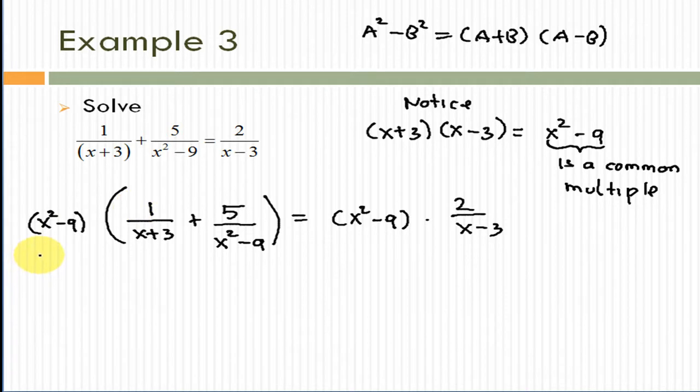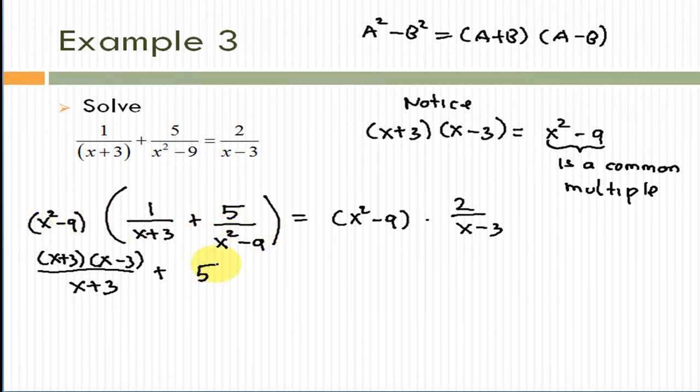I can replace this. So this times that will be the same thing as x plus 3 times x minus 3 divided by x plus 3. So I just change x squared minus 9 to x plus 3 times x minus 3. Now multiply this by that. Well, actually we can cancel this with that.